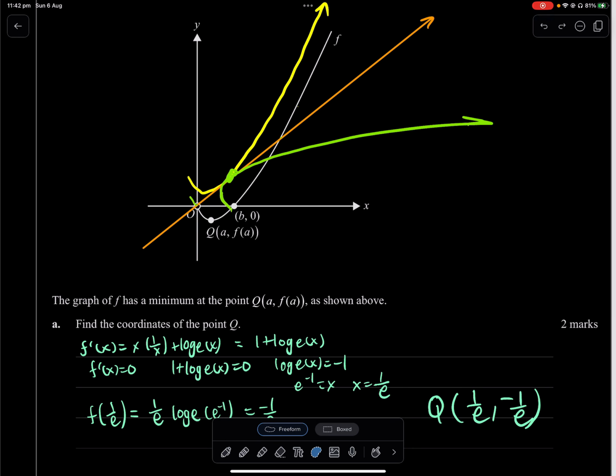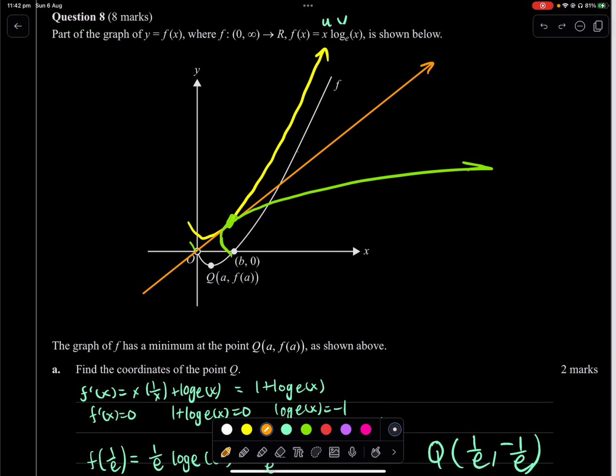If I know that this orange graph is y equals x, we find where the gradient of f of x, which is what? 1 plus log e of x, equals that 1. So if we let it equal 1, we'll find that x value. So log e of x equals 0, so e to the 0 equals x, so 1 equals x.